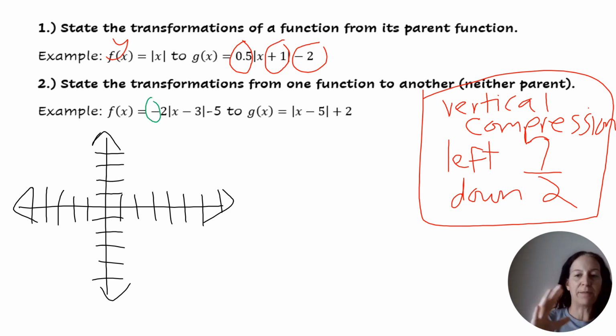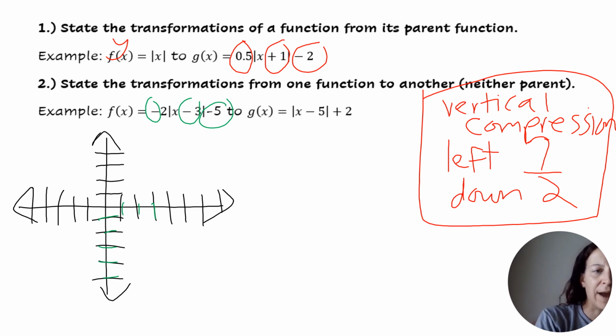That means that the absolute value function is flipped over, okay? The 2 means it is stretched. So we're going to flip it over and we're going to stretch it out. Then we have the minus 3 on the inside, which is going to send us right 1, 2, 3, and then the minus 5 on the outside, which means we're going to go down 1, 2, 3, 4, 5.